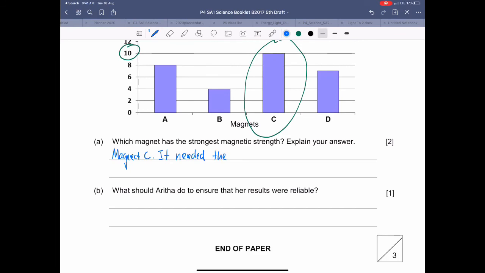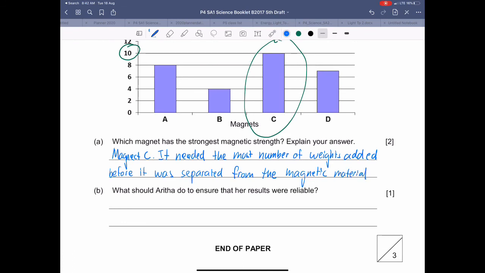The most number of weights added before it was separated from the magnetic object or magnetic material, compared to A, B, and D. So make sure you quote evidence.